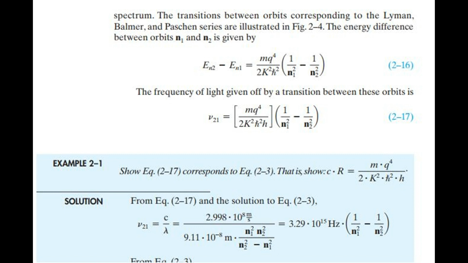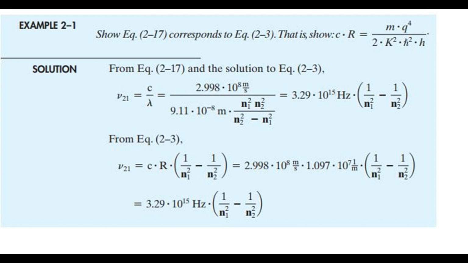The prefactor is essentially the Rydberg constant R times the speed of light c. A comparison of eq 2.17 with the experimental results summed up by eq 2.3 indicates that the Bohr theory provides a good model for electronic transitions within the hydrogen atom, as far as the early experimental evidence is concerned.